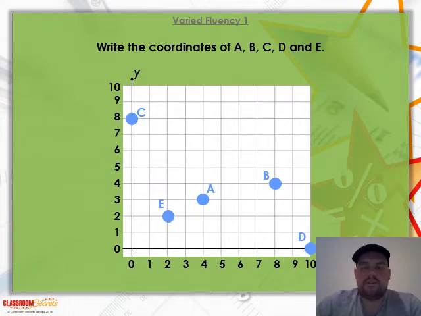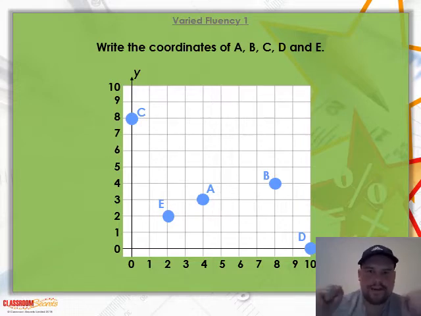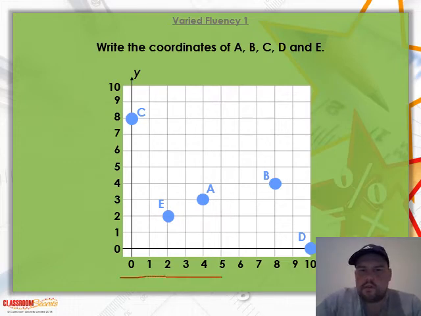So the first one, a fluency one: write down the coordinates of A, B, C, D, and E. I'm only going to help you with one of these, so you have to work out the rest. Let's go for B. If we're going along the corridor, which is this one here, going along until we get to B, B is sat on 8, so our first coordinate will be 8. Put that in brackets.